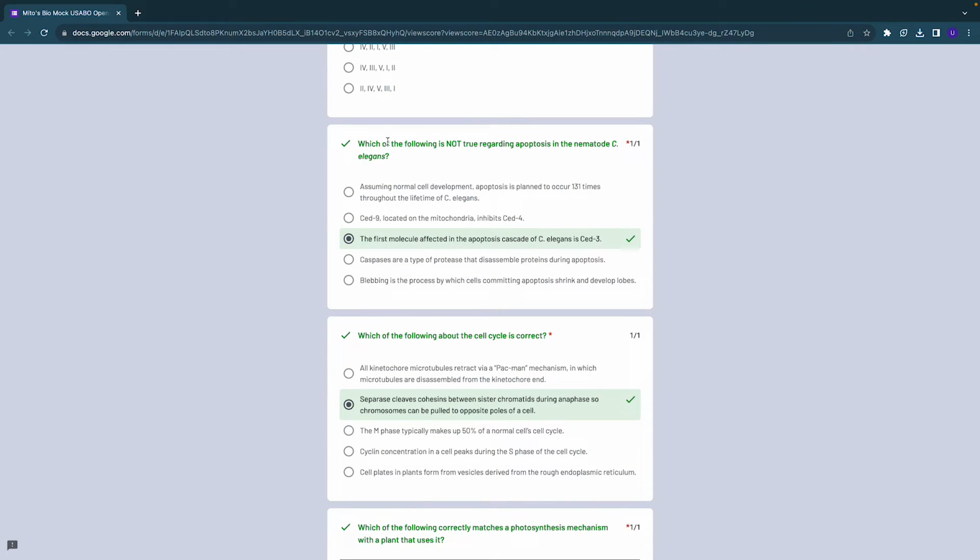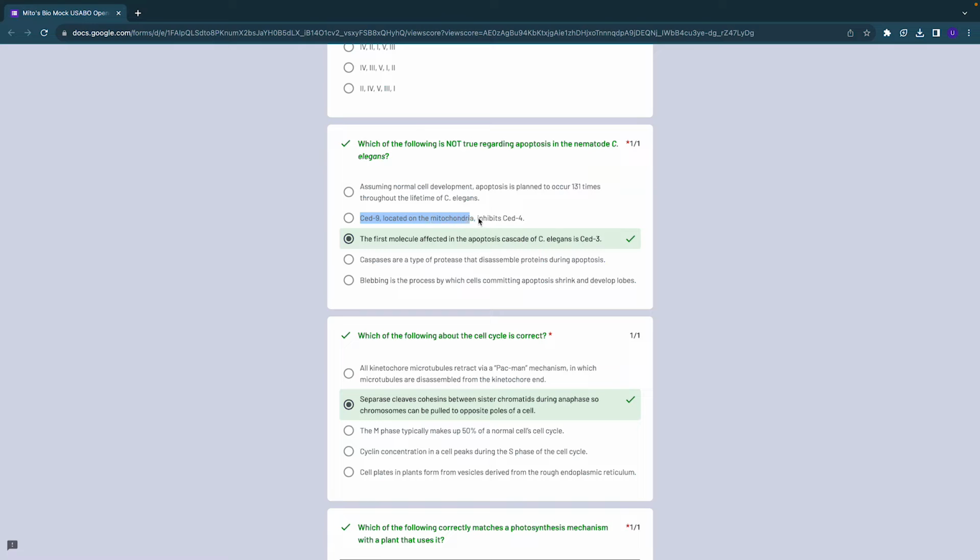So next, which of the following is not true regarding apoptosis in the nematode C. elegans? So basically, this one is just knowing that apoptotic pathway. If you don't remember everything, go ahead and go back to the cell cycle lesson, take a look at it. But basically, this is true.